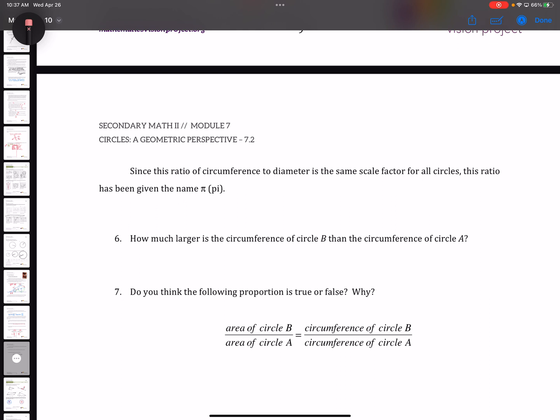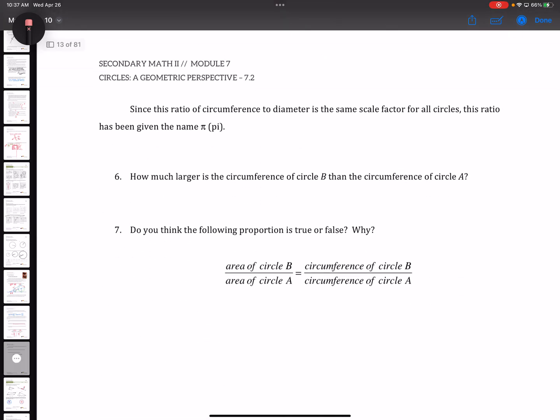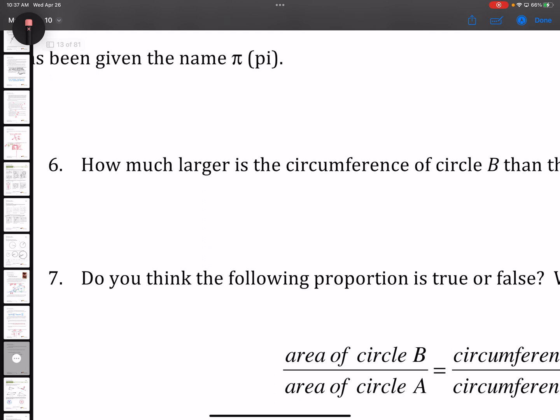We divided the bigger circle by the little circle. So all we have to do here is find the scale factor.